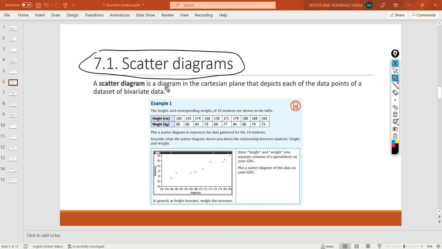A scatter diagram is a diagram in the Cartesian plane that depicts each of the data points of a data set of bivariate data. So suppose we're working with bivariate data. For example, in this example given by the book, these are your objects of study, 10 students.